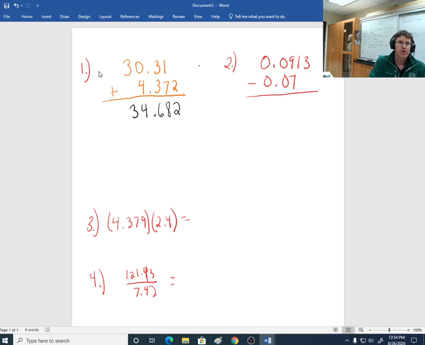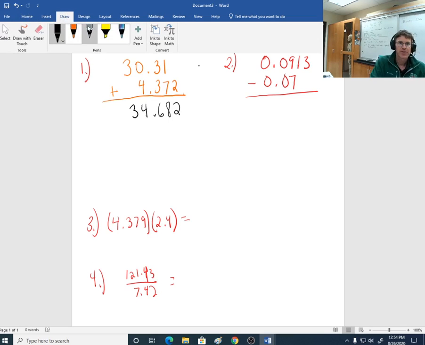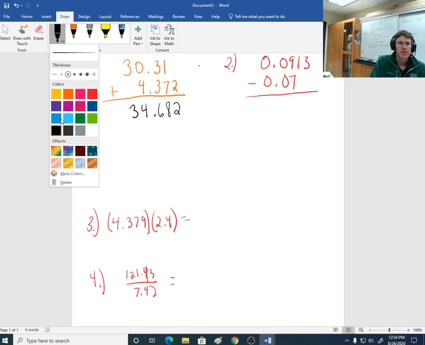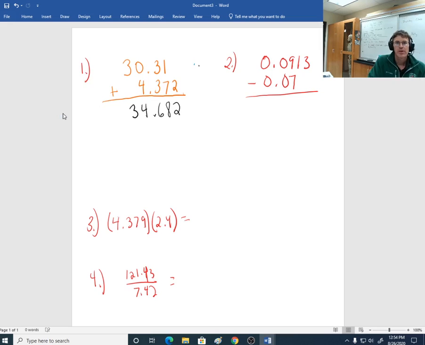Okay, so what is our rule? Well, you can only report the last digit that you know of. Well, what do you mean by that? The last place value that you actually know the number of, or a significant digit in.